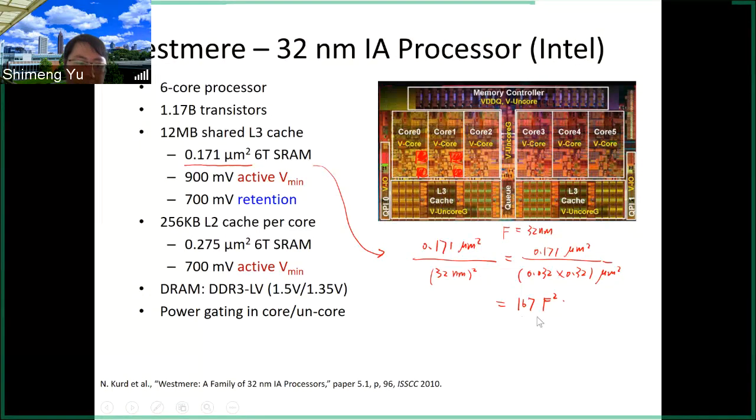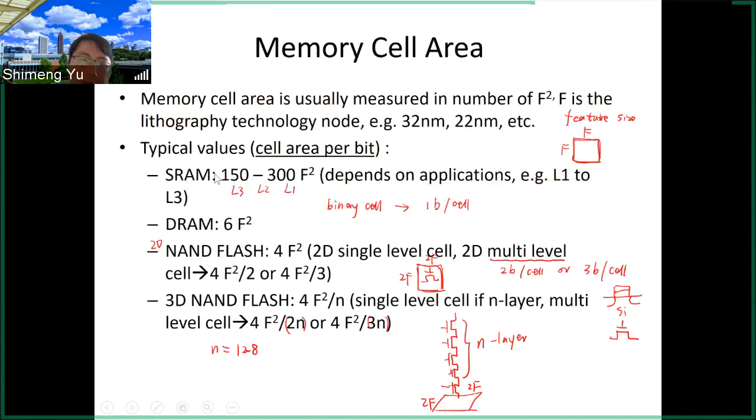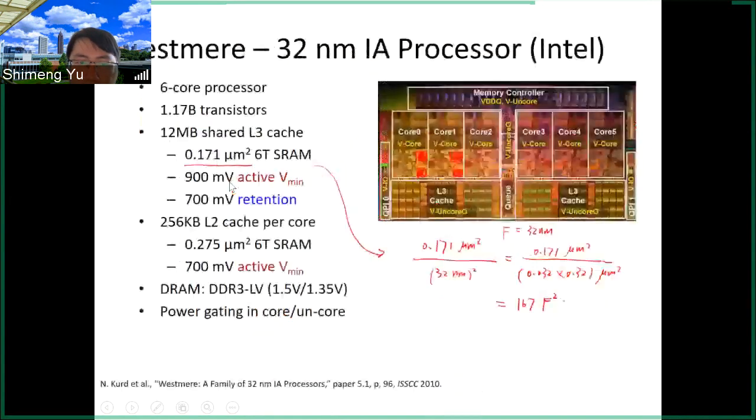This is close to what we discussed earlier: for SRAM, the L3 cache is close to 150 F squared. So in this particular design by Intel it is 167 F squared. And you can calculate for the L2 cache if you wish. It's larger than this one. This is the cell area in terms of F squared.